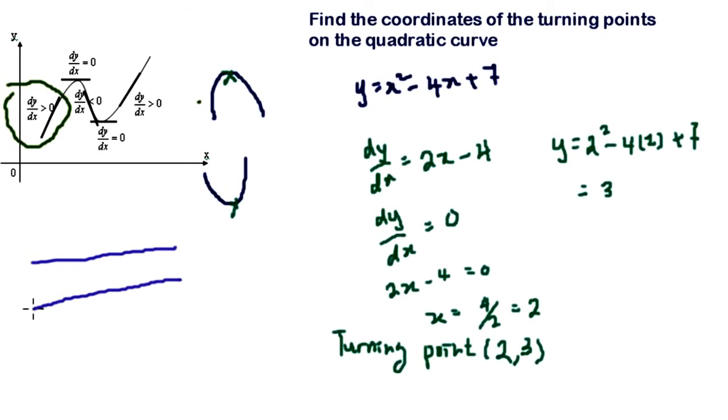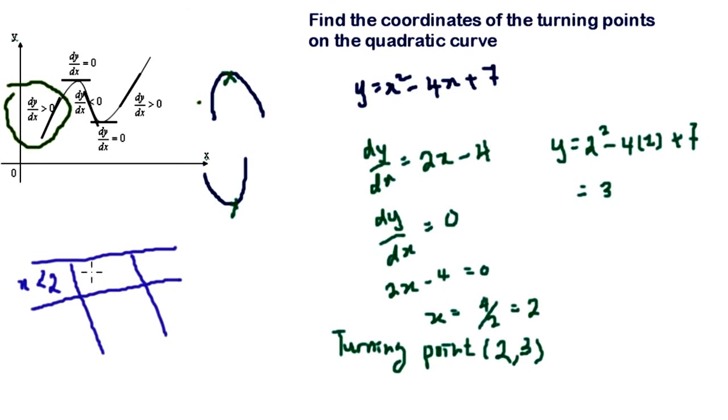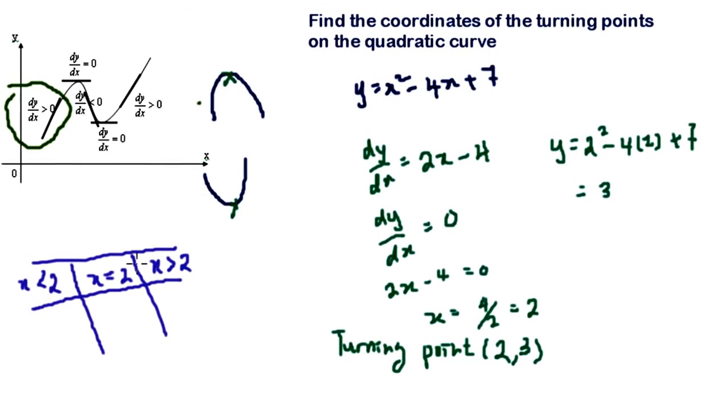Tabulate a table that has 3 columns: when x is less than 2, when x is equal to 2, and when x is more than 2. We are now trying to figure out what happened to the curve if the value of x is less than 2, equal to 2, or larger than 2.